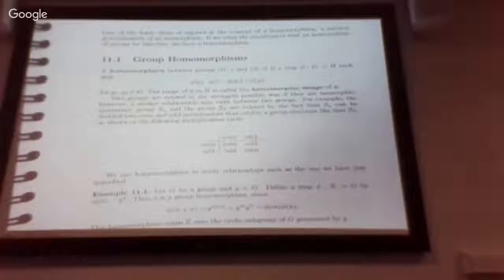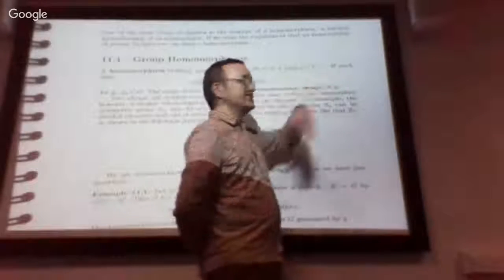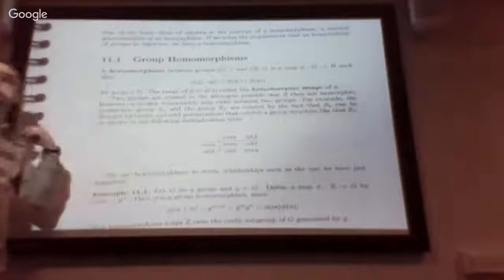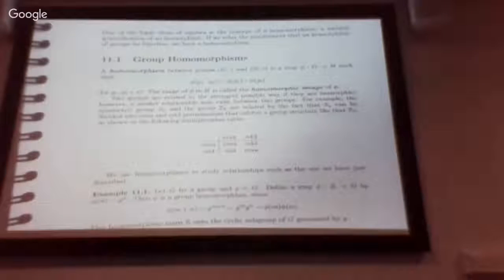Okay. Now, because we've gotten rid of the bijective condition, if there is a homomorphism from one group to the other, it doesn't say that they have the same group structure.